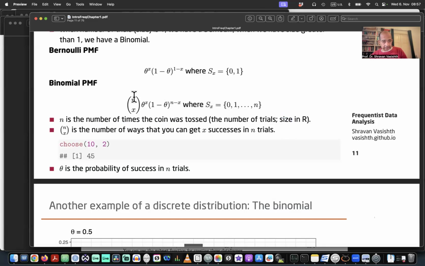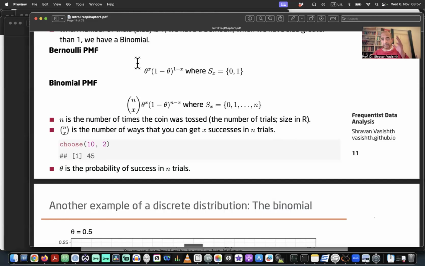And this part here in the probability mass function for the binomial is counting the number of ways you can get the event X. So for example, if X is 1, that means you got one success out of 10. There are actually 10 possible ways in which you can get it.